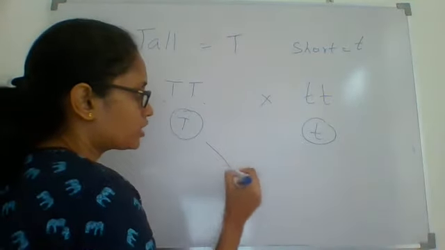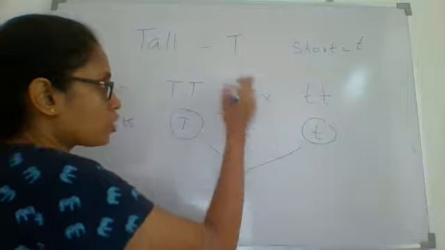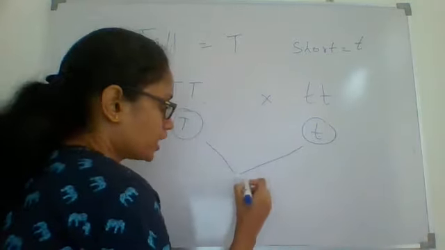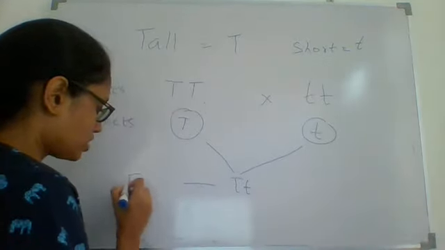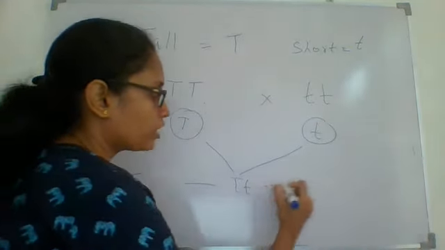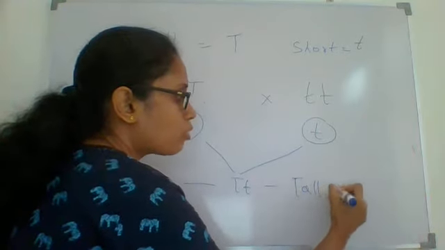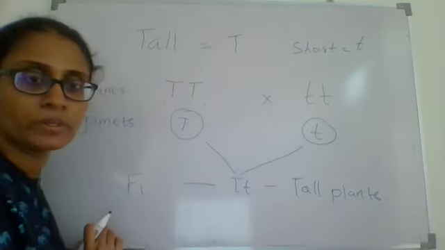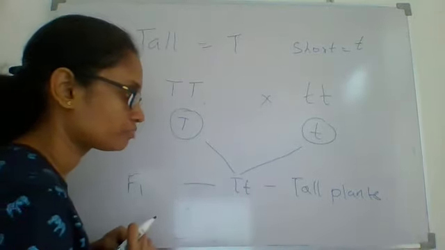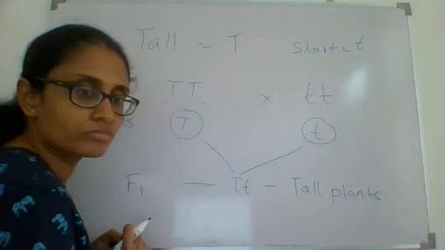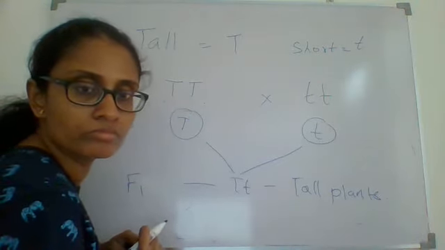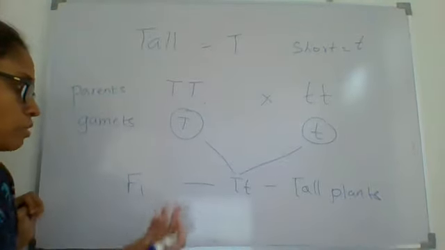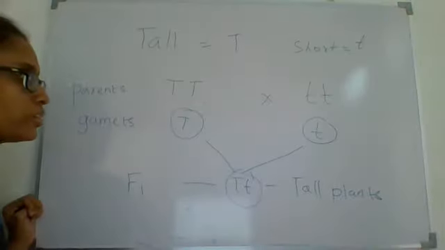So in the first one, what is happening? The cross pollination occurs between the two plants. So you get the F1 generation. This is the F1 generation, and you get tall plants. All the plants are tall, right? And what is happening then? Now these tall plants have this genotype, right?